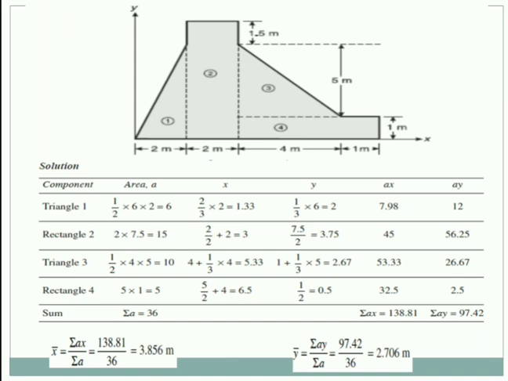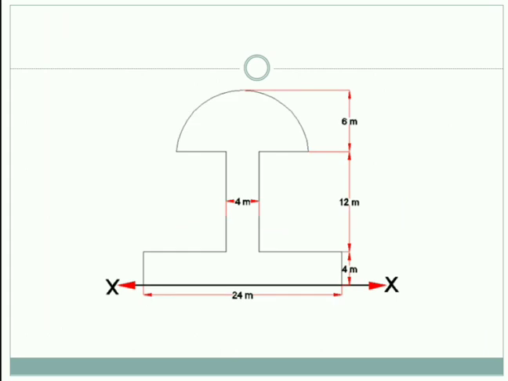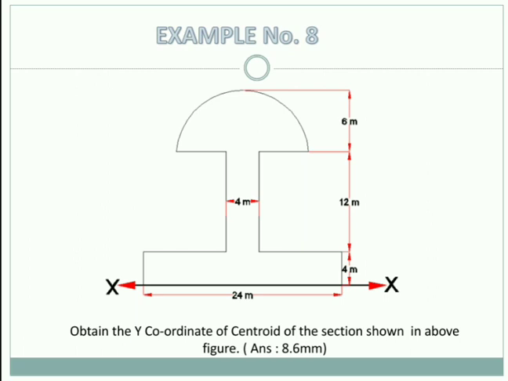So hopefully this example is clear. Then here is one example you can try. Here we only have to locate y bar because it is symmetrical about the vertical centroidal axis. Hence x bar you can take directly as 24 by 2, which is 12.